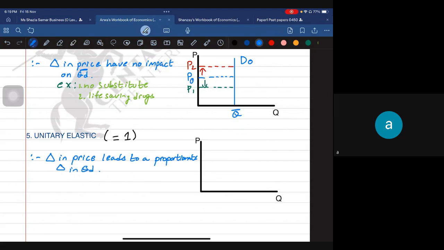Okay, the diagram would be this one. Actually no, let me think about this one. Take your time. I'm not sure, but it would not be curved, right?